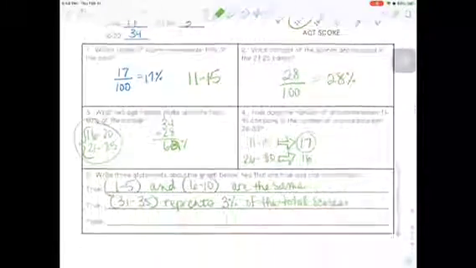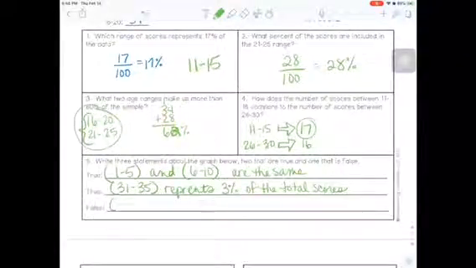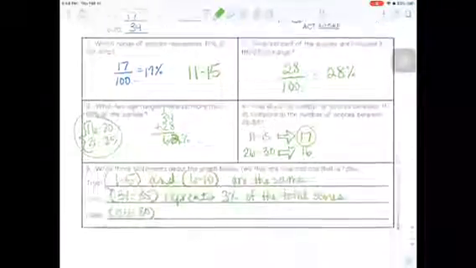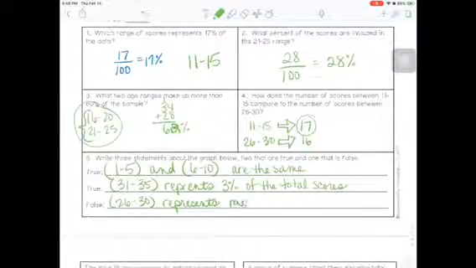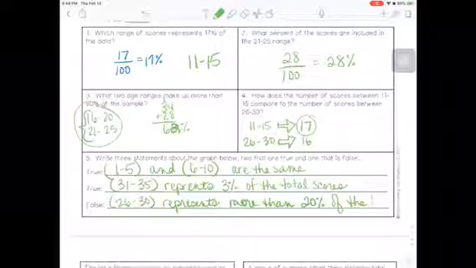I'd say the interval scores of 26 to 30 represents more than 20% of the total. So that would be the false one.